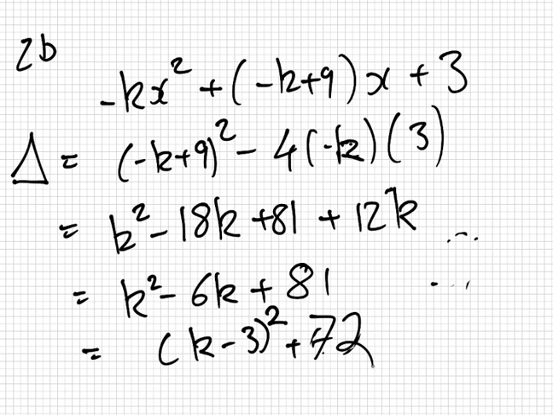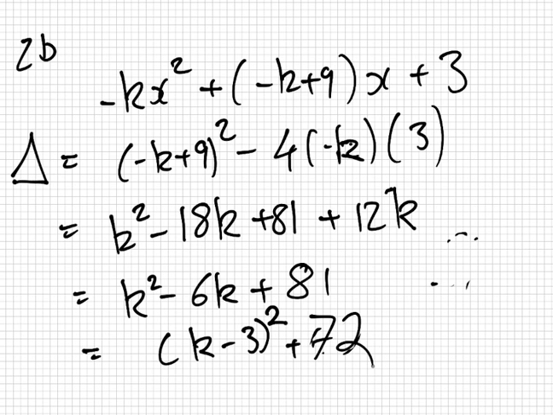Now, just to make this point clear, remember k cannot be what value? 0. So if you take k as 1, k as 2, k as 3, and work out how many roots this has, everybody will get the same answer: 2.